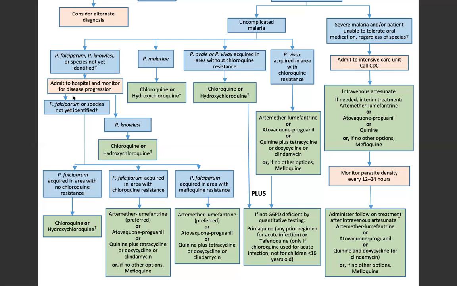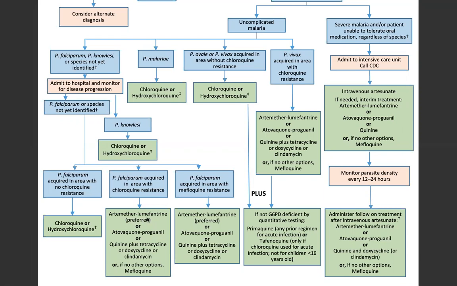Again, for the choice of treatment in uncomplicated malaria caused by Plasmodium falciparum, consider the artemether lumefantrine combination.